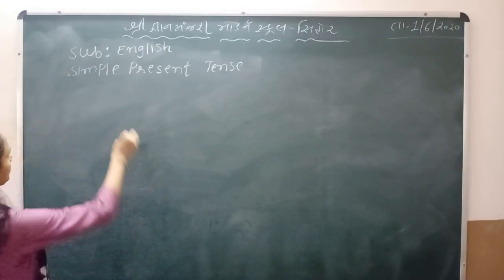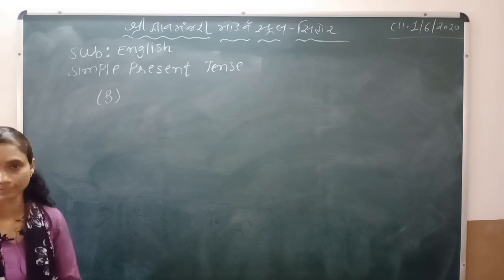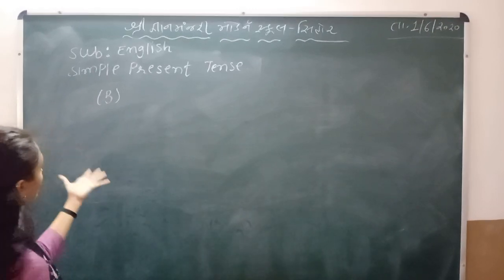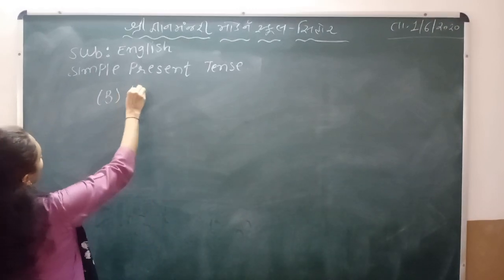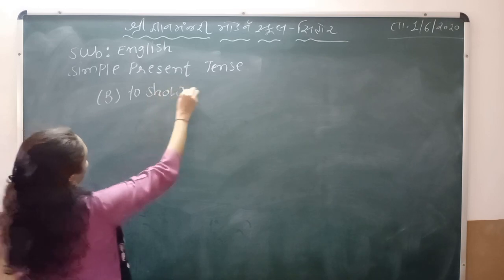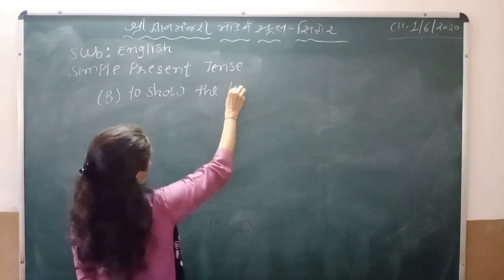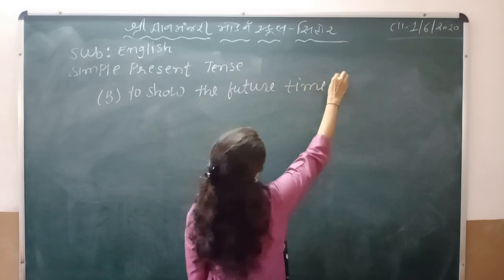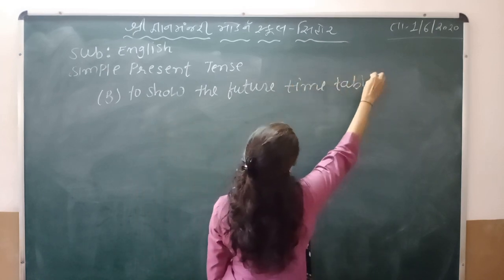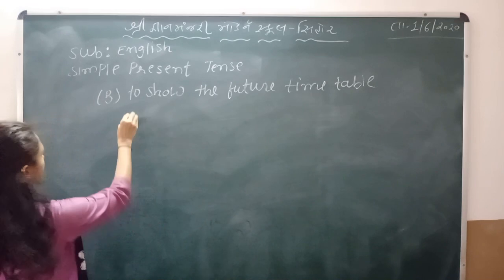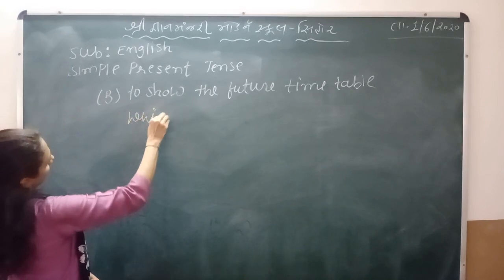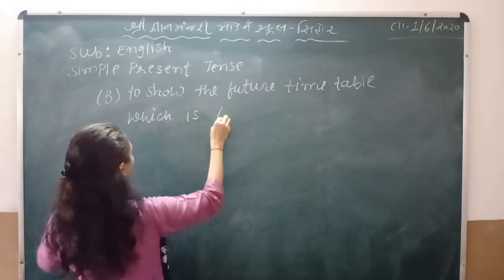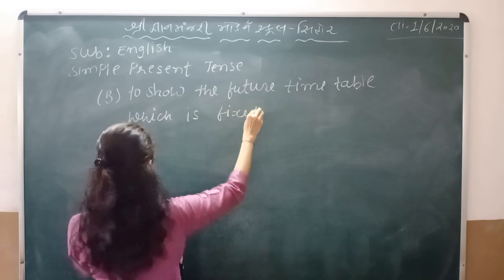Okay, now the third use. The third use of simple present tense is that it is used to show the future timetable which is fixed.